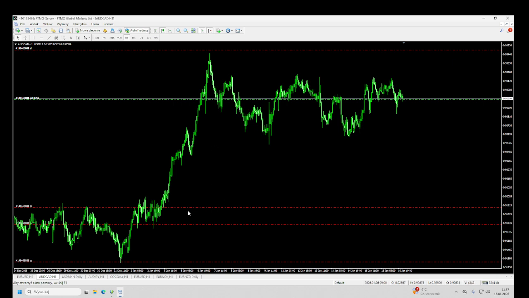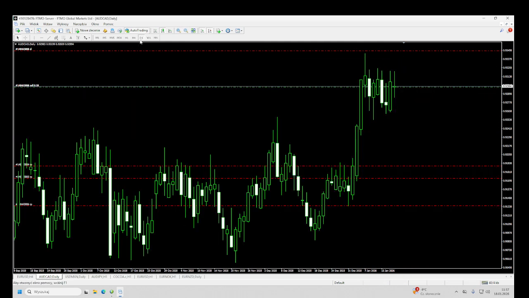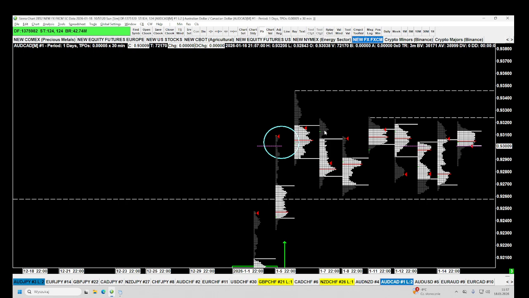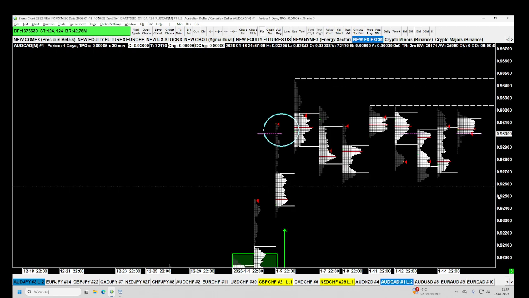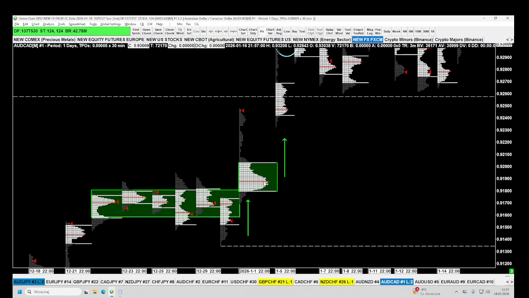My targets are here. As you can see, it's on the runner. Okay, so we are right now on the daily chart, and those are the targets. So the first target is this point of control.